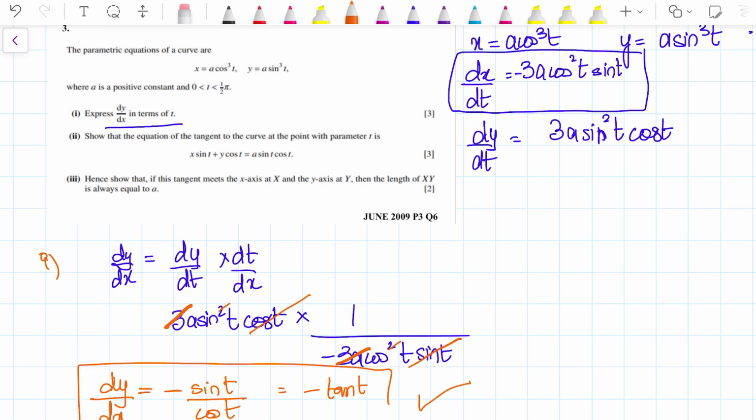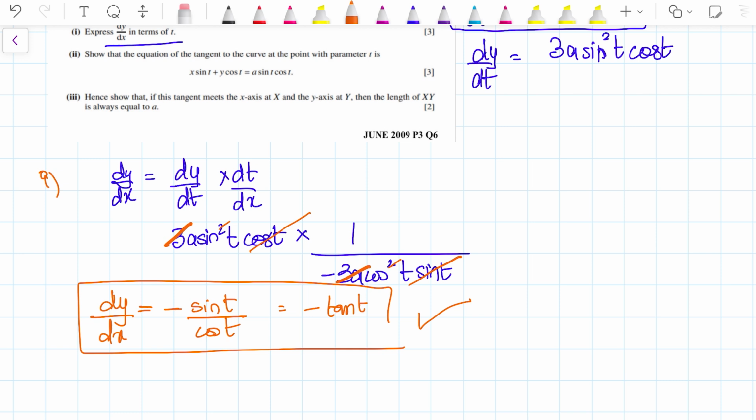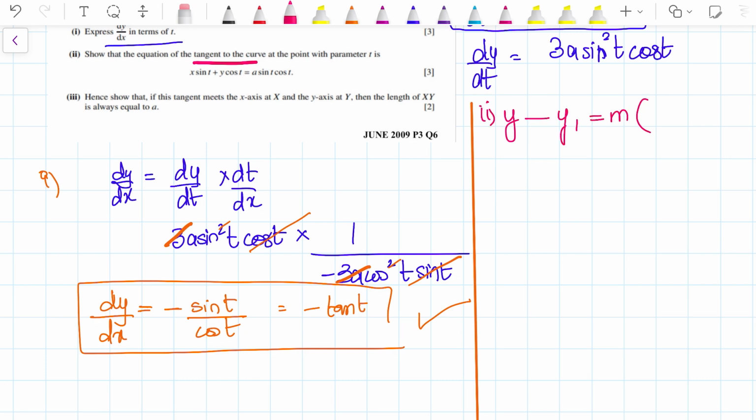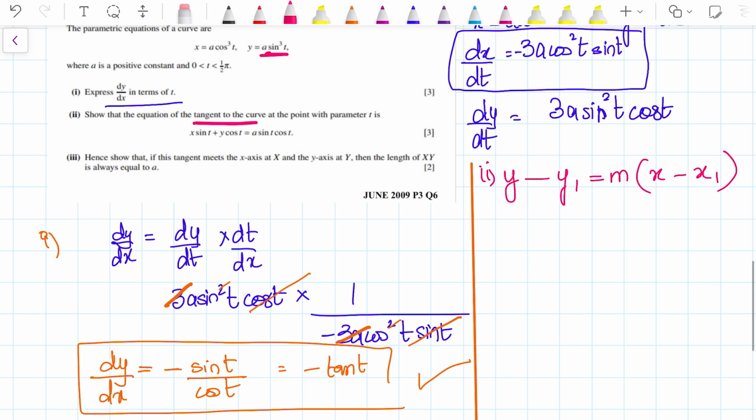Now the second part of the question. Show that the equation of the tangent to the curve at the point with parameter t. So equation of the tangent is y minus y1 equals m times x minus x1. What is y1? We will take this entire function. Minus sine t upon cos t.